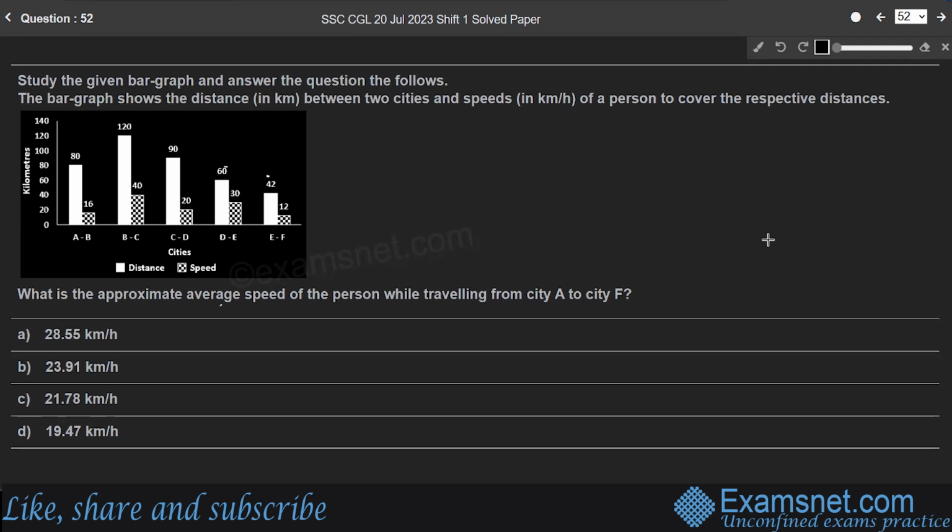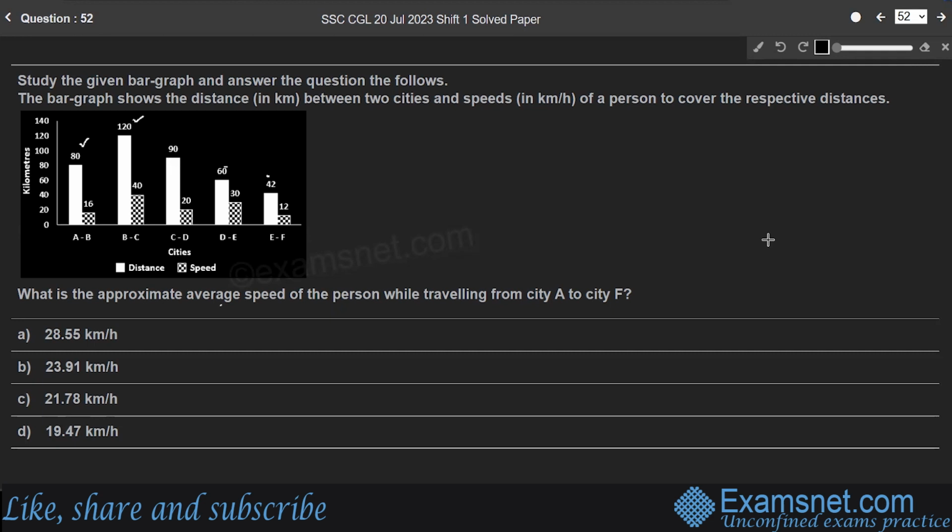For that we use the concept of speed, which is distance by time. So before we go to the average speed concept, let us go to speed, which is distance by time. Using that formula, we need to find the time taken by him to cover each distance while traveling from one city to another. We need to find that in each case.